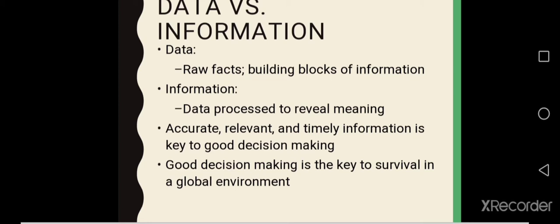That is an example of data. But if we determine the average grade, then that is what we call information. Your grade is the data and your average grade is the information.